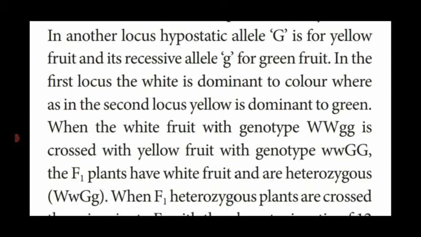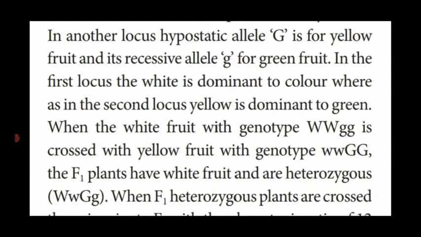So the first parent is taken as white color fruit, and the second parent is named as yellow color fruit. The genotype of the white color fruit is capital WW with small gg. The yellow color fruit genotype is small ww with capital GG. So they are crossed together.